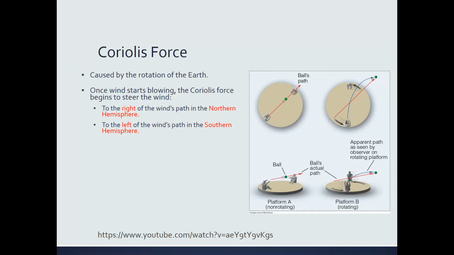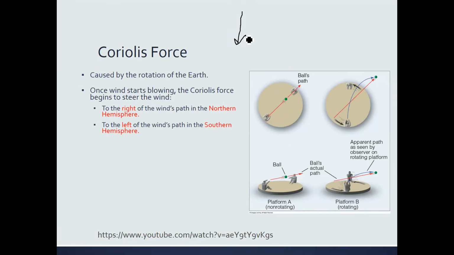Now, the confusing thing that a lot of students get caught up with, and what I got caught up with when I was studying this, is they think that when they say to the right, they mean to your right. But it's not to your right. It's to the right of the direction the object is traveling in. So let's say we have an object and it's traveling this way.